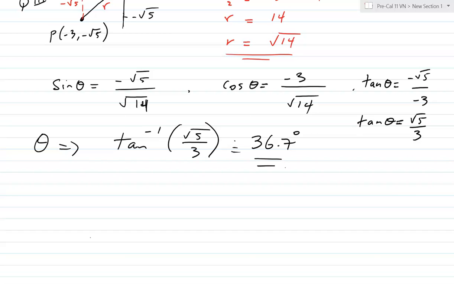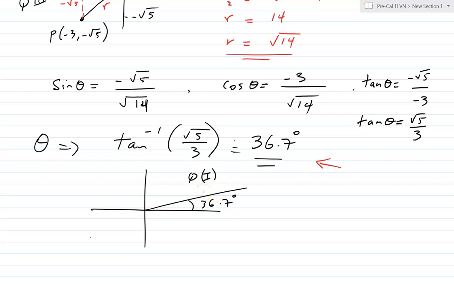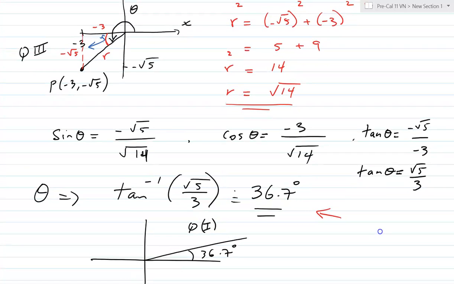All right, but this is in quadrant 1. Let's sketch that quickly. That's where that is. That's 36.7 degrees. This is in quadrant 1. But our theta, a standard position angle, is in quadrant 3.